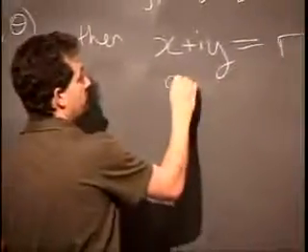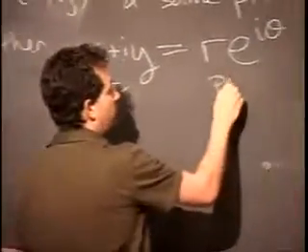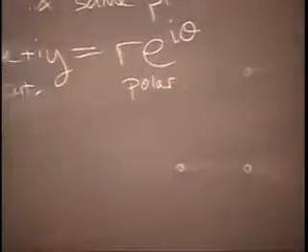So actually, we'll say this is the Cartesian form of the complex number. This is the polar form of the complex number.